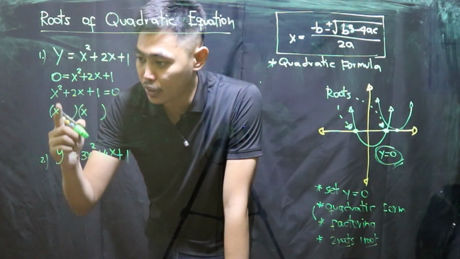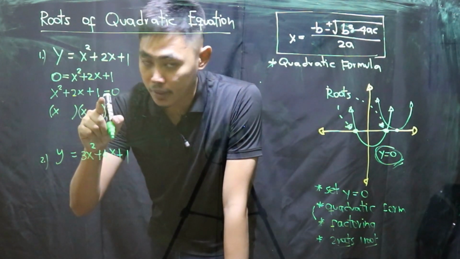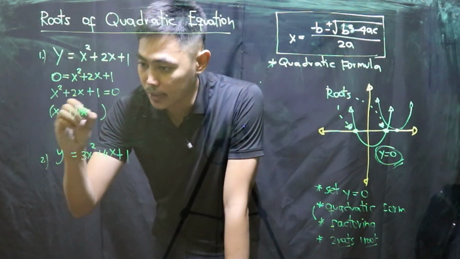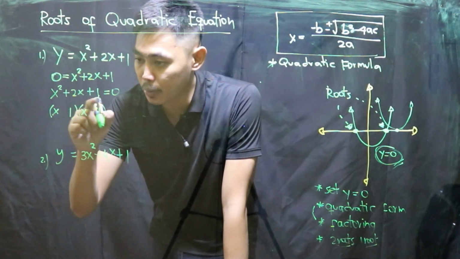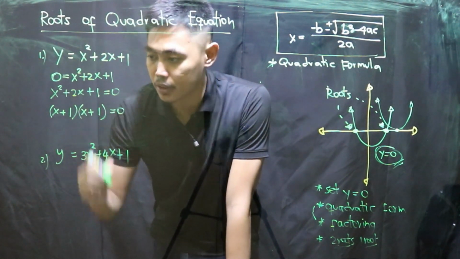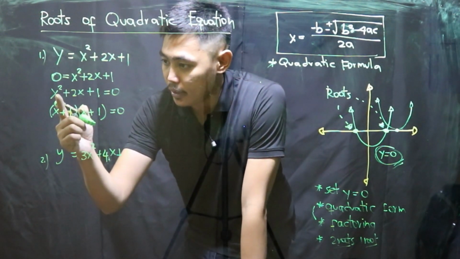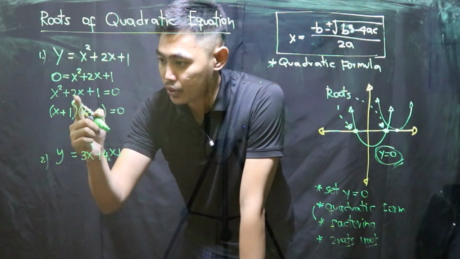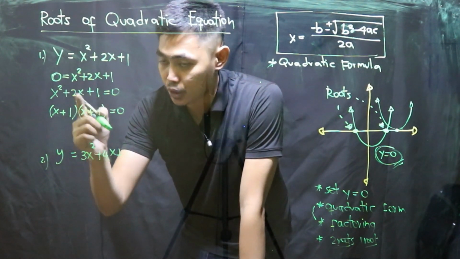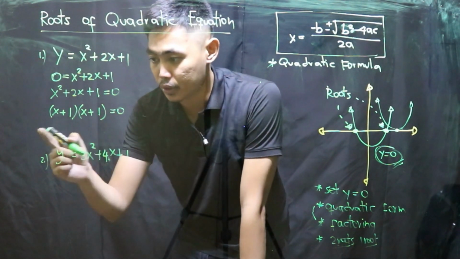So we have x and x, which makes x squared, and we have 1, and the factor of 1 is 1 times 1, and both are plus. So let's try: x times x is x squared, x times 1 is x, 1 times x is x, which makes 2x, and then 1 times 1 is 1. So this is correct.